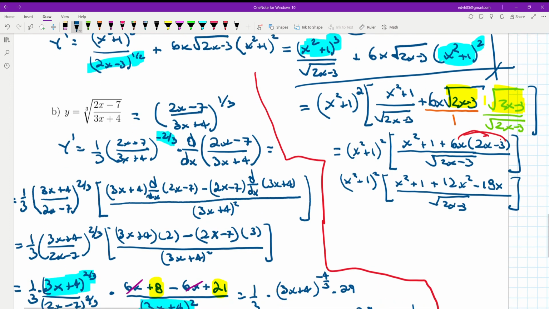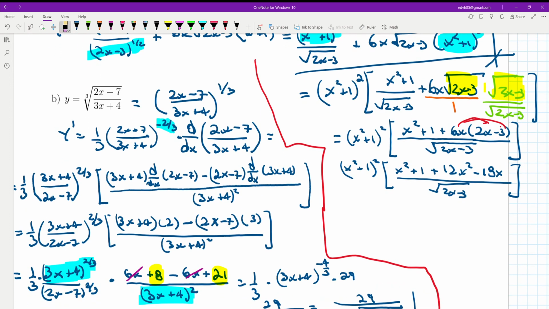And in the end, combining this together, we should get the following.